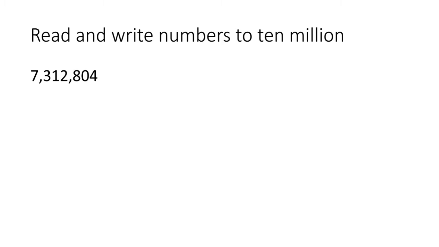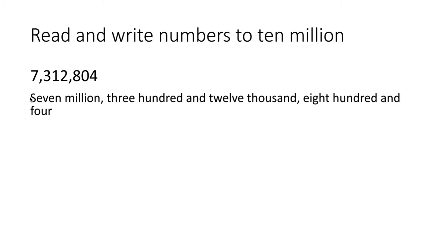So let's have a look at our first number. We've got our ones section here, our thousands section here, and our millions section here. The easiest parts are the 7 million right here and the 804 right here. The trickier part is remembering this bit here represents our thousands part. We've got 312 thousands here. So put it all together, we've got our 7 million, then 312,804.